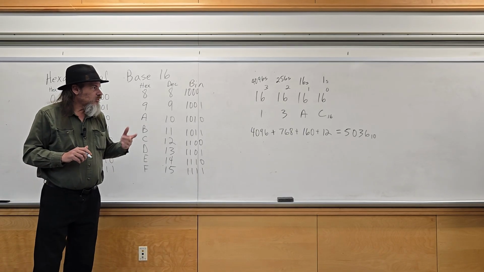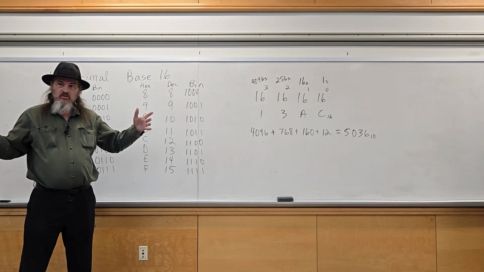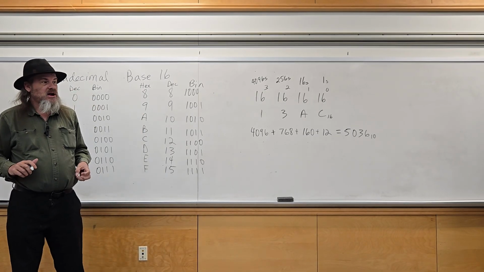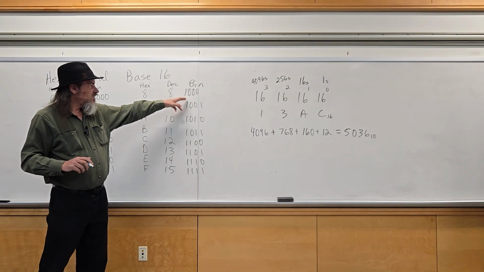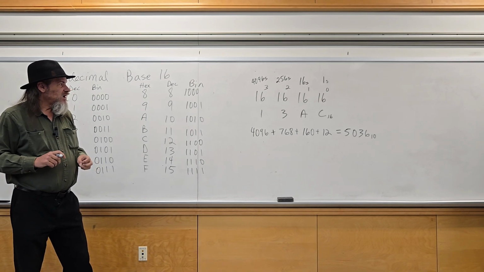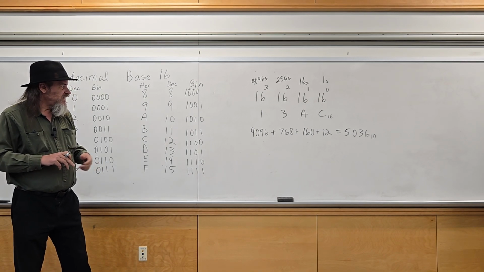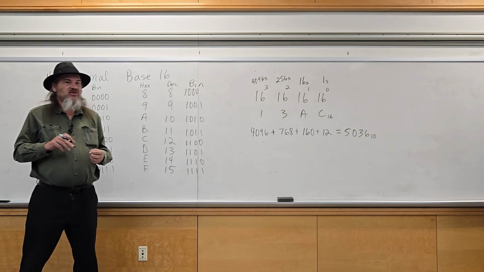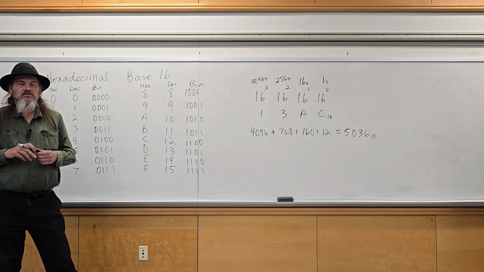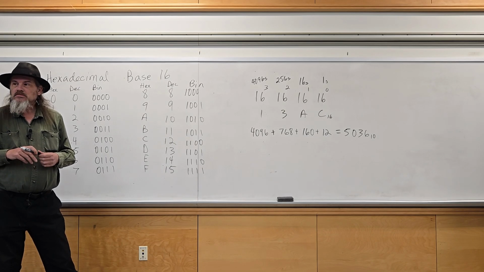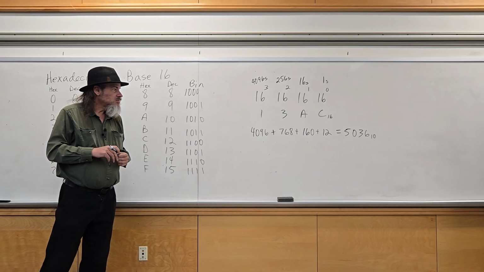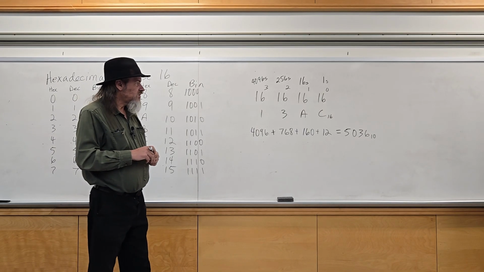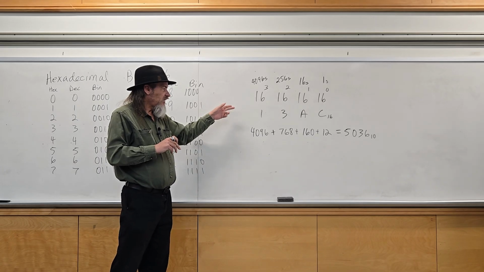But 64 bits would be a string of 64 ones and zeros. With hexadecimal, because each digit represents 4 bits, 64 bits can be represented with 16 hexadecimal digits. So memory addresses are typically represented in hexadecimal.